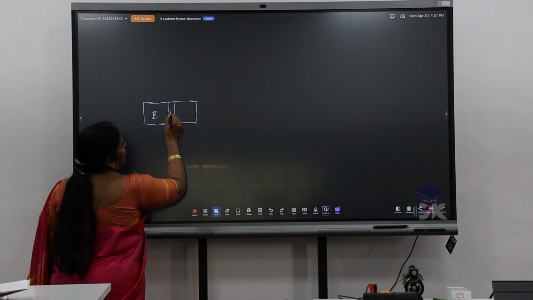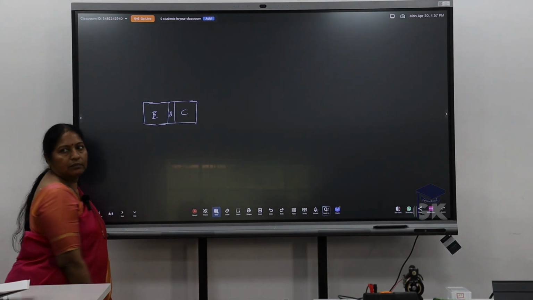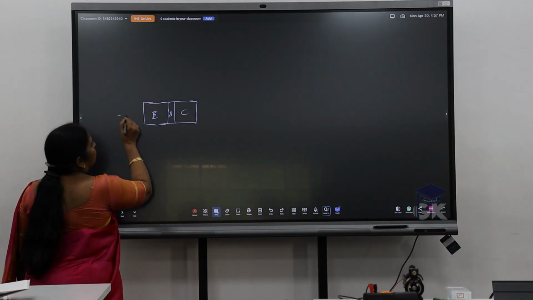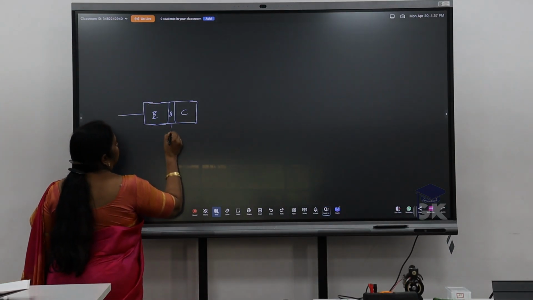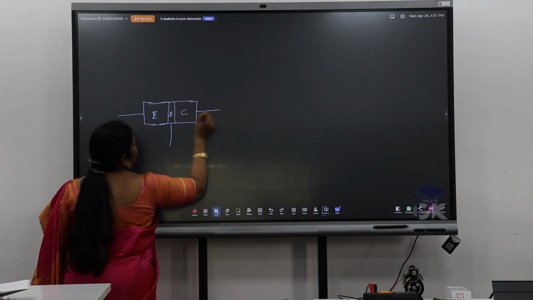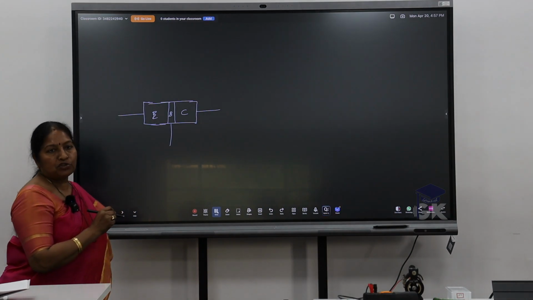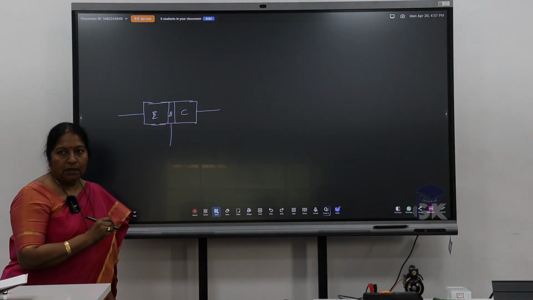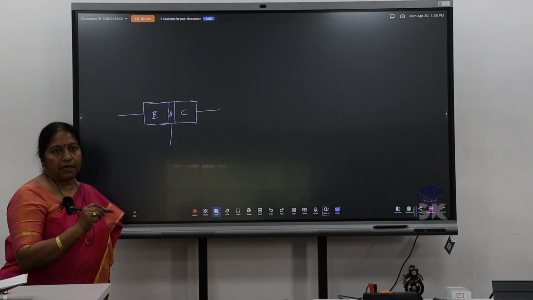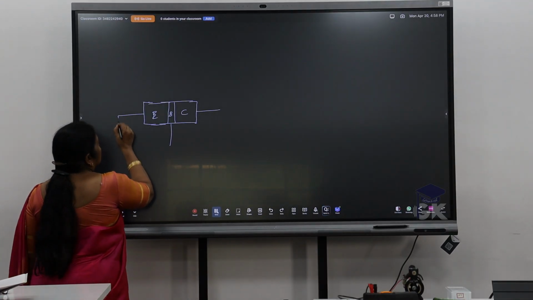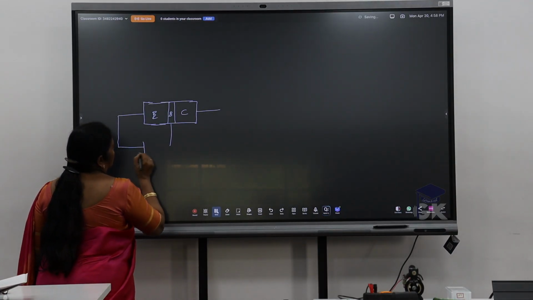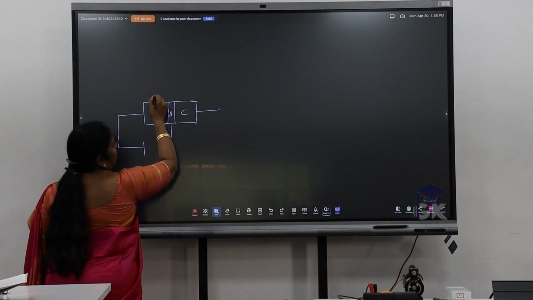Emitter, base, collector. We know that emitter base should always be forward biased to make the transistor conduct. Suppose it is an NPN.